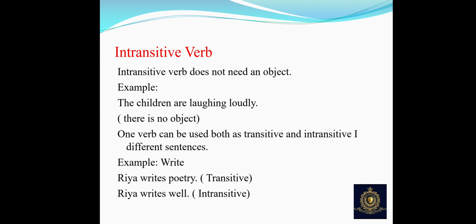Here Riya is the subject, writes is the verb, and poetry is an object. So this sentence has an object, that's why writes is a transitive verb here. But in the second sentence, Riya writes well. Here there is no object. That's why writes, the same verb, is used as an intransitive verb in this sentence.